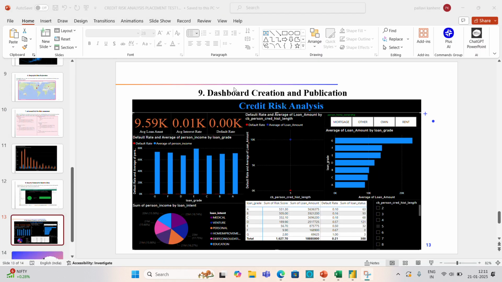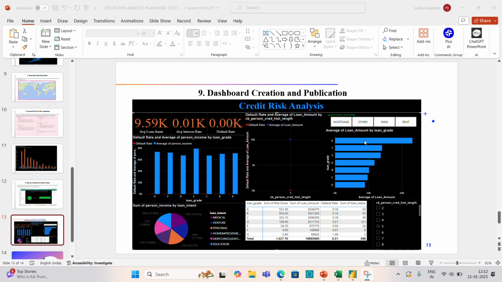The ninth is the dashboard creation and publication. You can see that I created the cards which show the average loan amount, average interest rate and default rate. Created one pie chart which shows the sum of person income by loan intent.